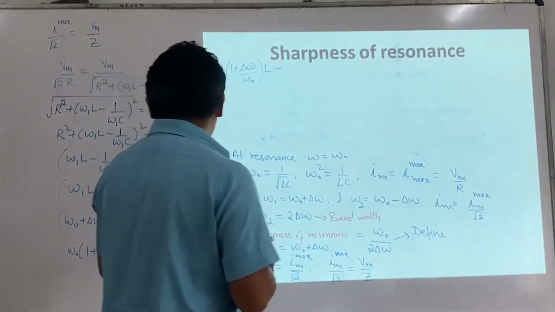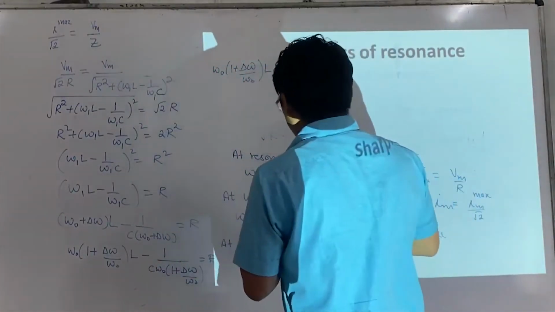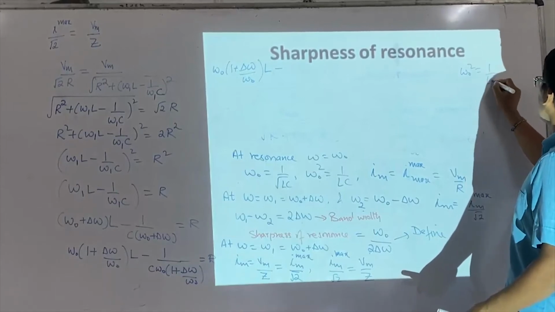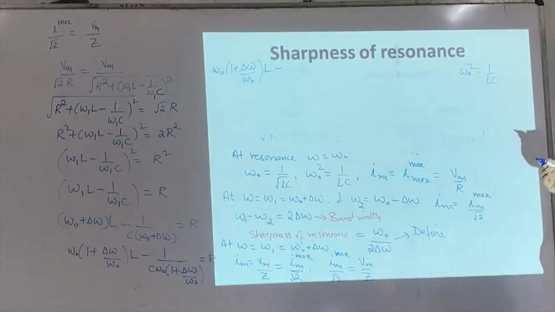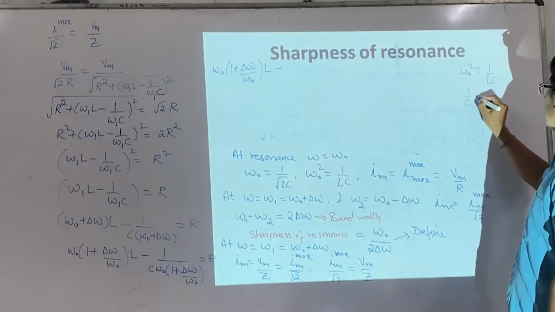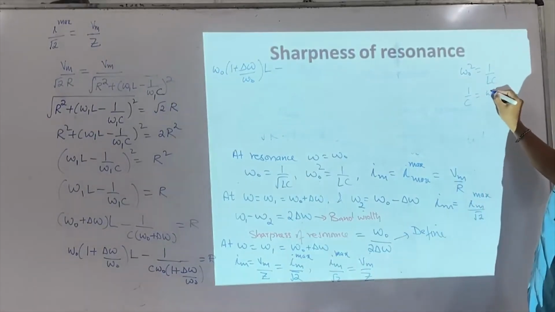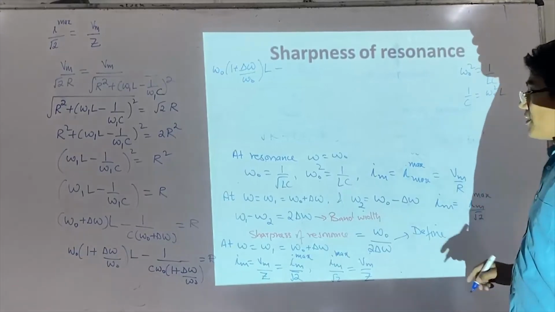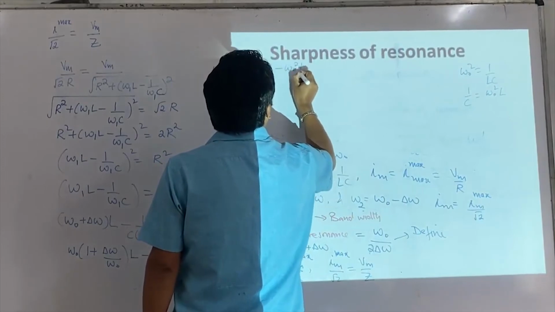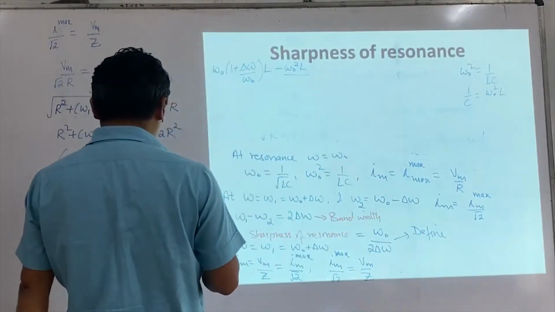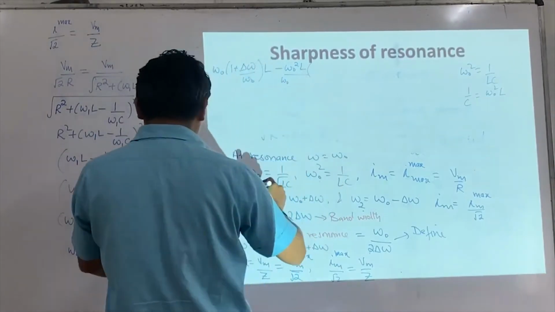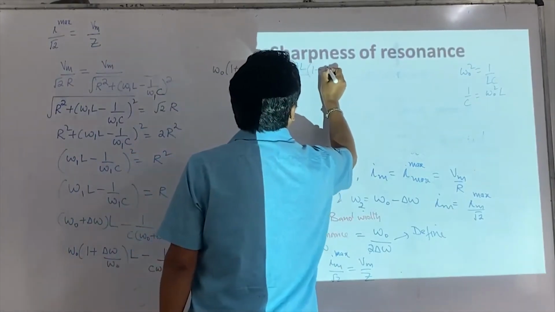So what I would like to do here is use omega naught square equal to 1 by LC. This is what we have done, right? And 1 by C is going to be omega naught square L. I substitute here omega naught square L divided by omega naught, and then I'm going to put it inverse.